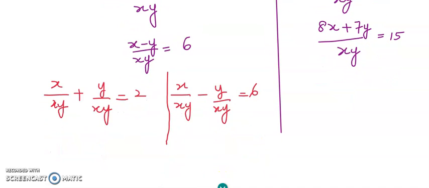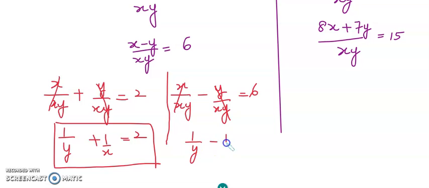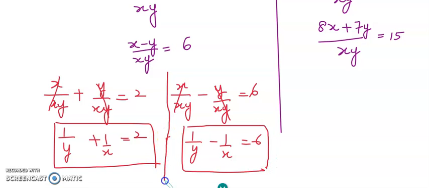So we cancel off the x and the y. So 1 upon y plus 1 upon x equals 2. And in this case, the x goes off, the y goes off. So 1 upon y minus 1 upon x equals 6. Then you have to do the substitution of a and b.